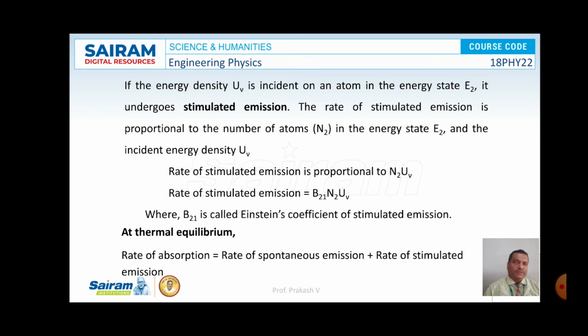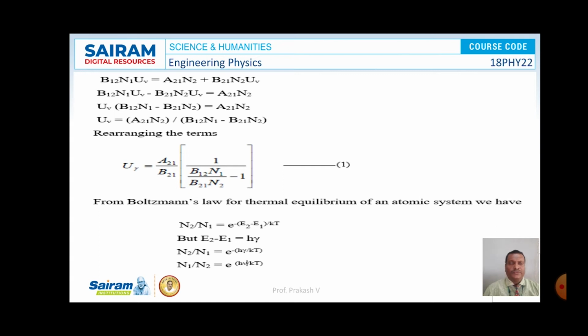At thermal equilibrium, we can write that the rate of absorption is equal to the rate of spontaneous emission plus the rate of stimulated emission. So this is what the equation stands at thermal equilibrium. Writing the values of the rates, we get B12 N1 U mu is equal to A21 N2 plus B21 N2 U mu.